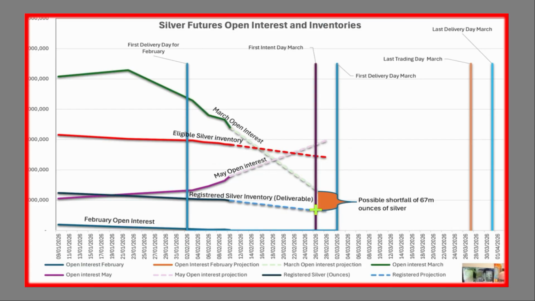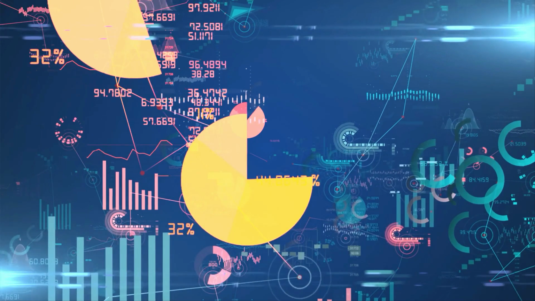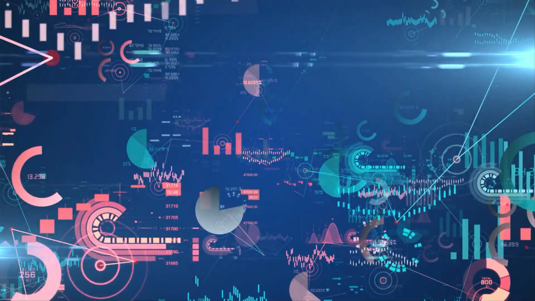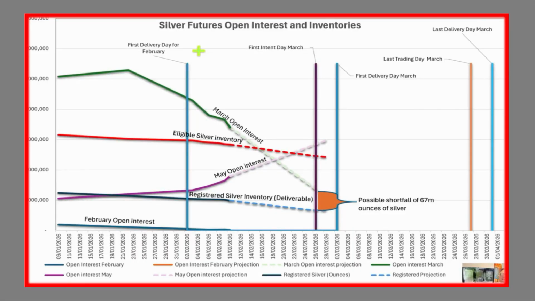So probably what will happen is the silver price would rise so that we encourage some of the longs to sell their silver back to the shorts, so both sides actually close their position. Now let's look at these vertical lines. The first blue line is the first delivery date for February.